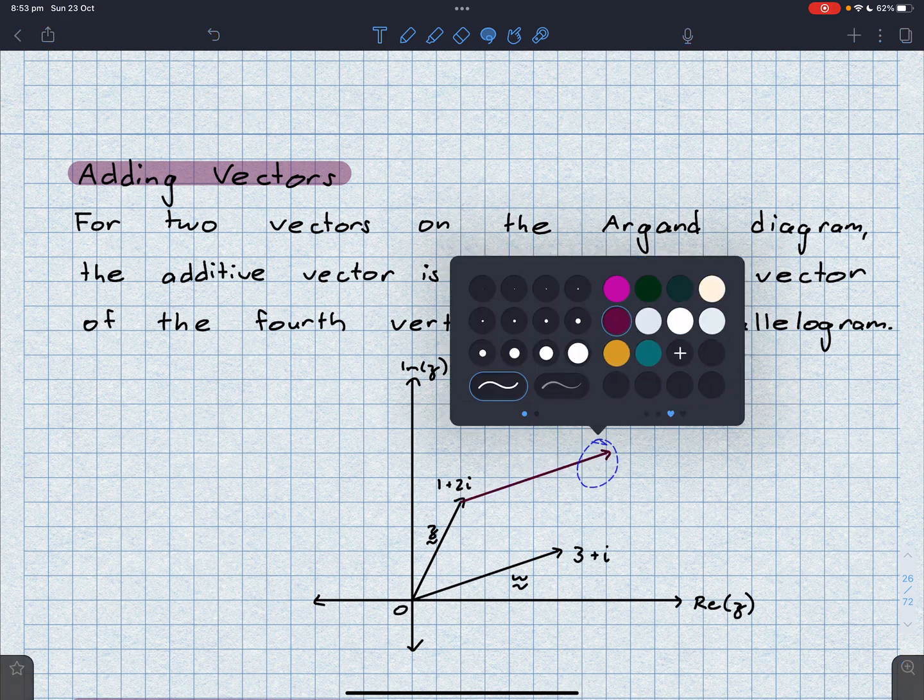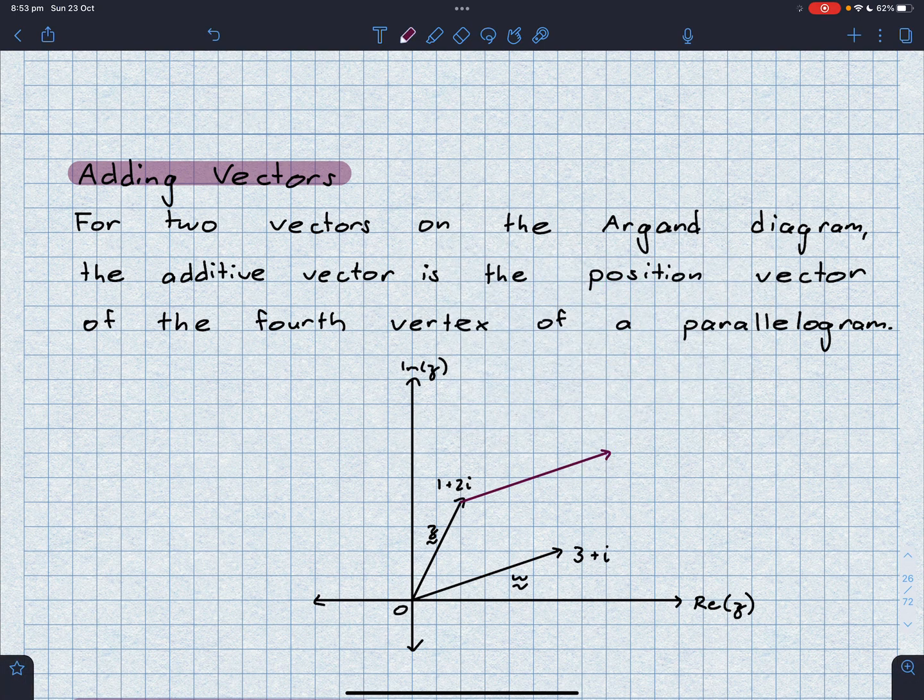So here, if I have the vector w that I'm adding onto z, I can just take w and move it to be at the head of z, and then this position that I get to is z plus w.